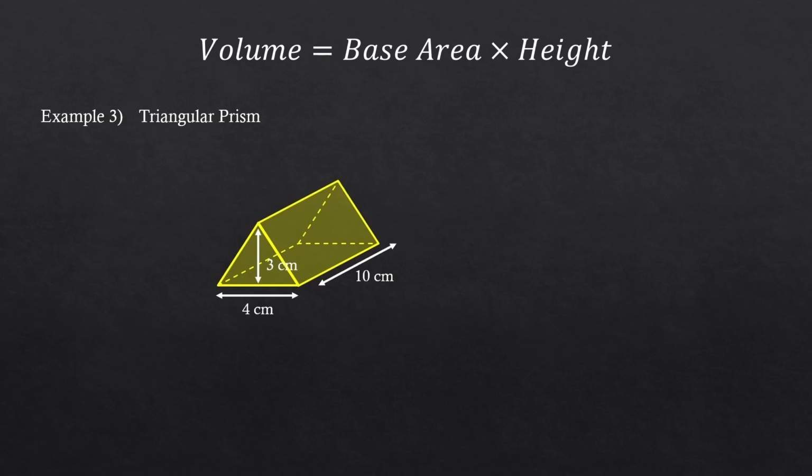If things are clear to you so far, let's move on to a bit more challenging example. So we have a triangular prism here. You could also think of this as a tent. It won't matter. Let's try to find the volume of this thing. So where is our base area? Is it this rectangle?